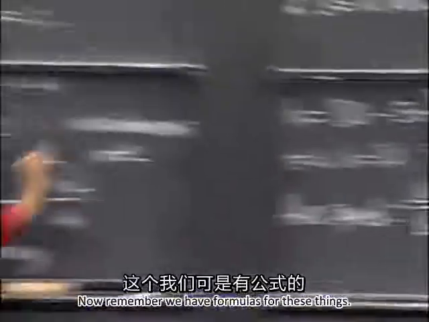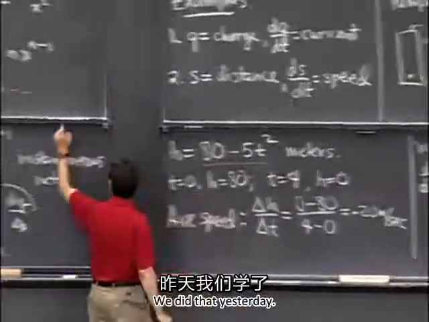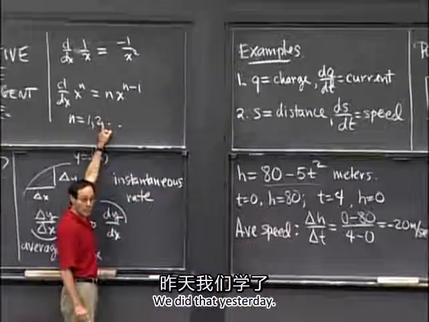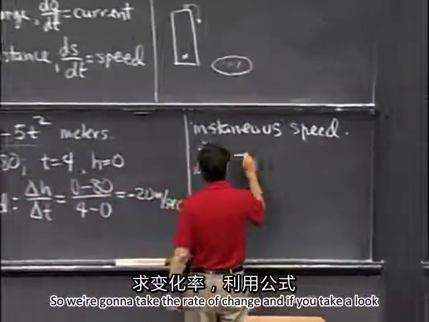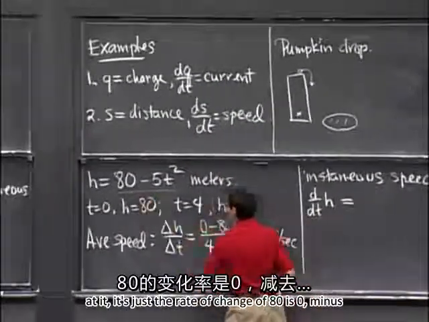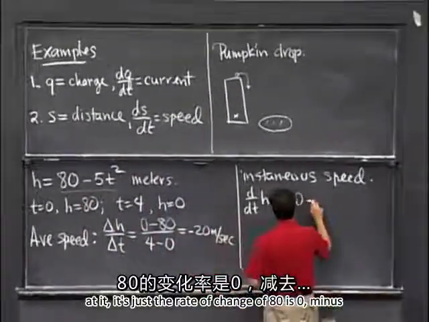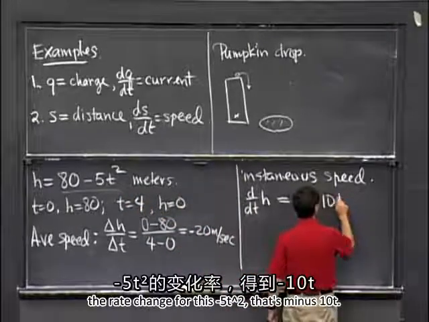Now remember, we have formulas for these things. We can differentiate this function now. We did that yesterday. So we're going to take the rate of change, and it's just the rate of change of 80, which is 0, minus the rate of change for this minus 5t squared. That's minus 10t.